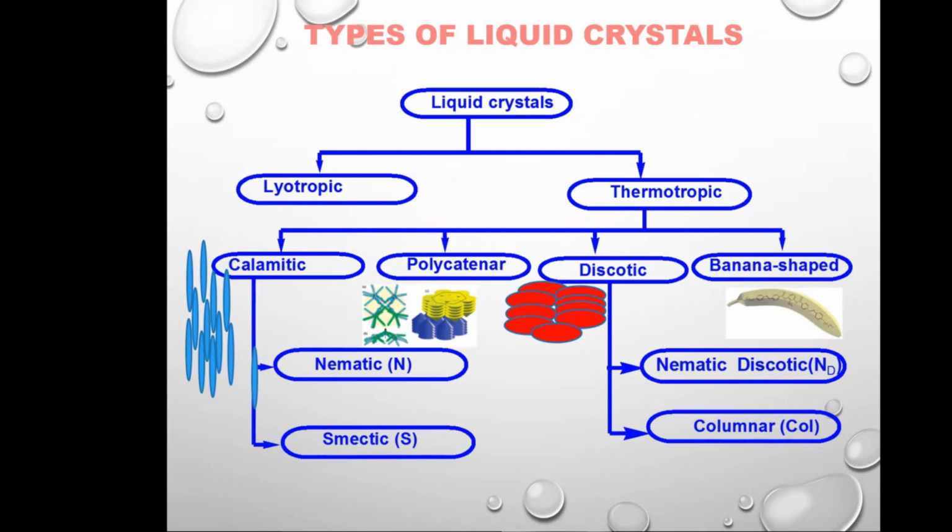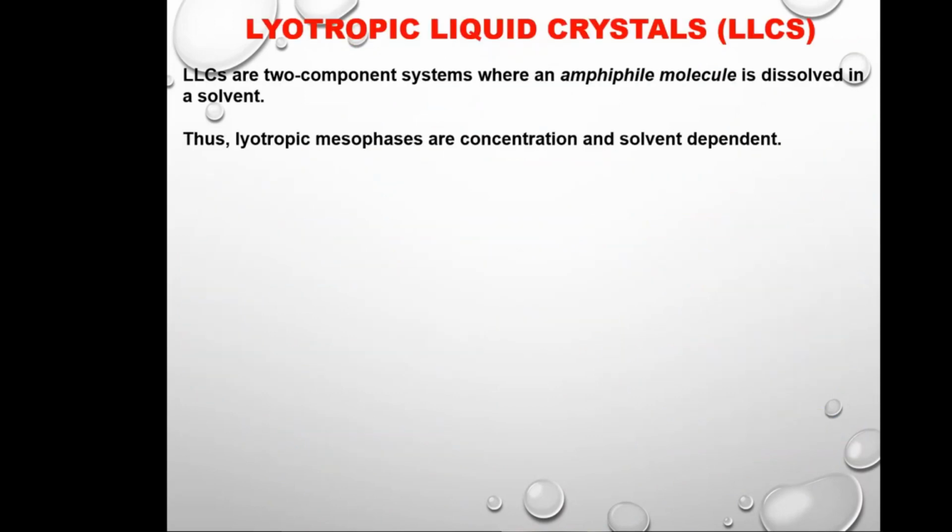However, today I would like to focus on the lyotropic liquid crystals, which are a distinctive group of liquid crystals. So what's the difference? The difference between the thermotropic and lyotropic liquid crystals is what they are made of.